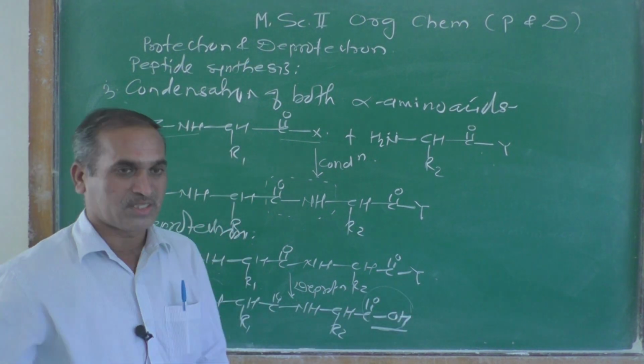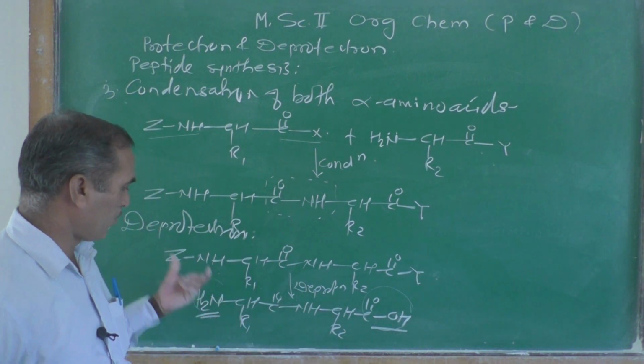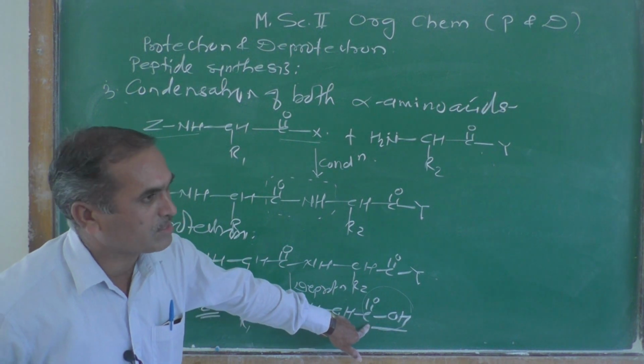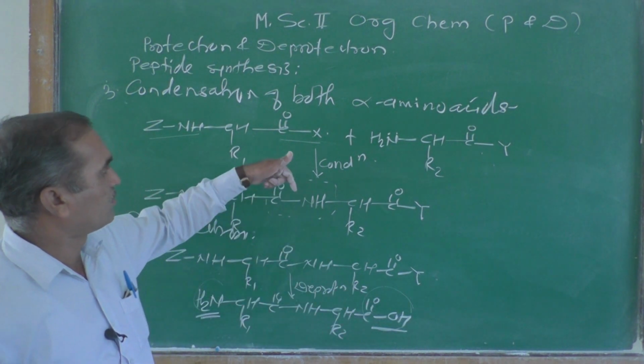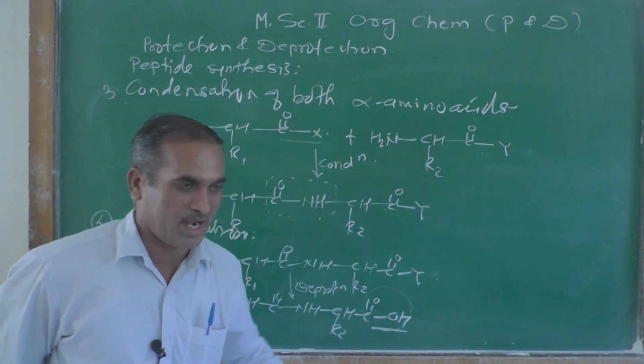Then again the same treatment can be carried out here: protection of the amino group and activation of the carboxyl group, and treat with this compound, and you will get the peptide synthesis.